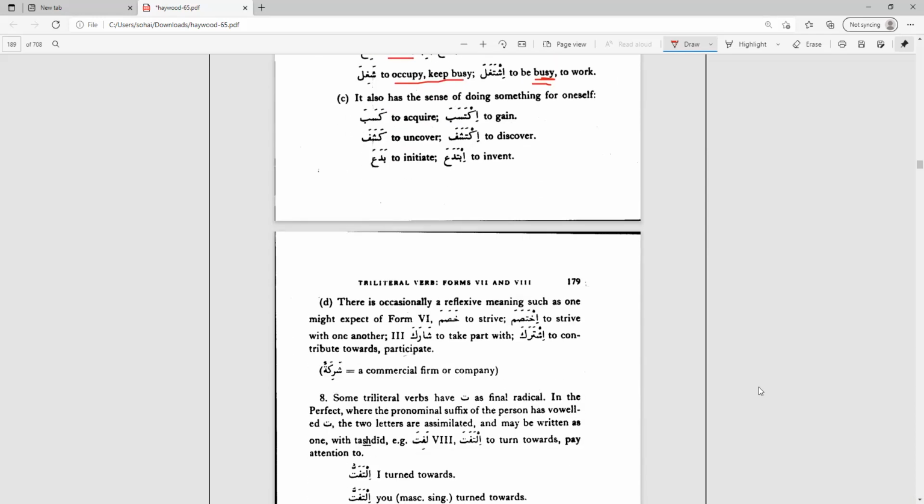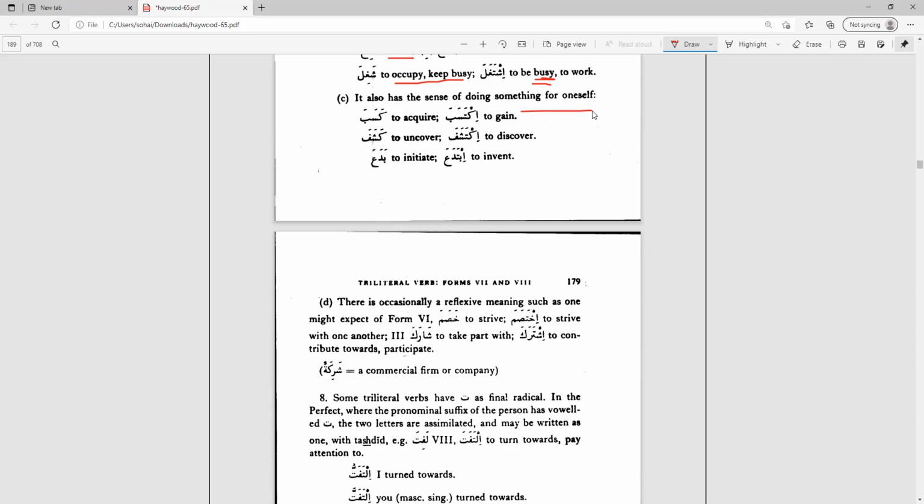Number C, it also has a sense of doing something for oneself. Kasaba means to acquire, iktasaba means to gain.